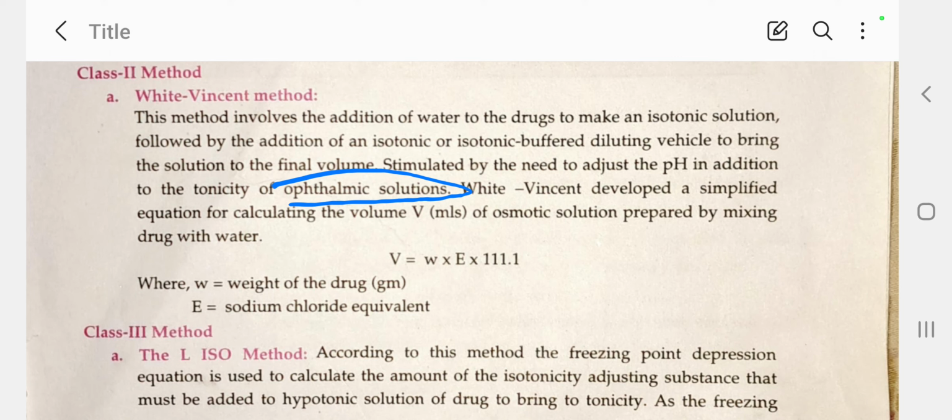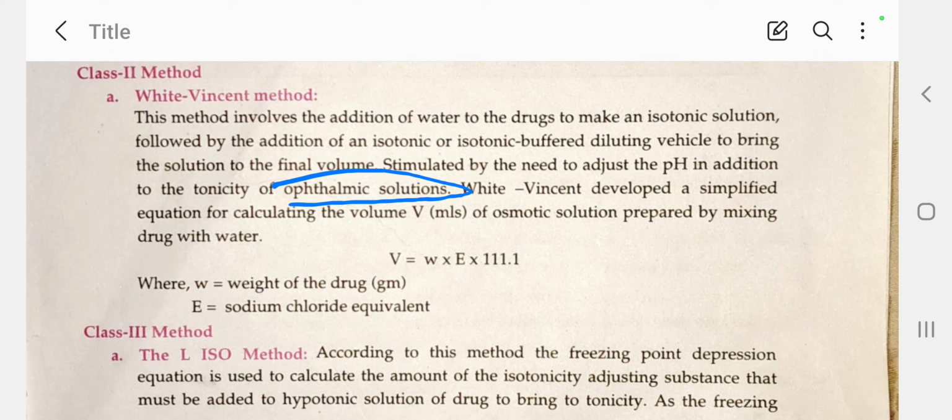So White-Vincent developed a simplified equation for calculating the volume, in mL, of isotonic solution prepared by mixing the drug with water. He applied a simple technique to determine how much water is needed to adjust the drug substance.